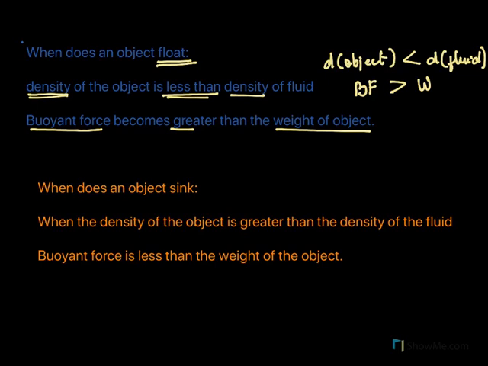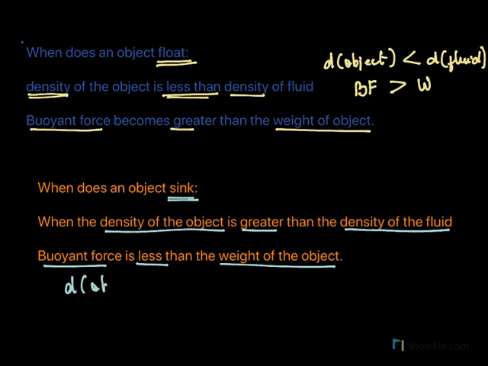Now when does an object sink? When the density of the object is greater than the density of the fluid, then the buoyant force becomes less than the weight of the object and the object will sink. So for it to sink, the density of the object should be greater than the density of the fluid, or maybe water.